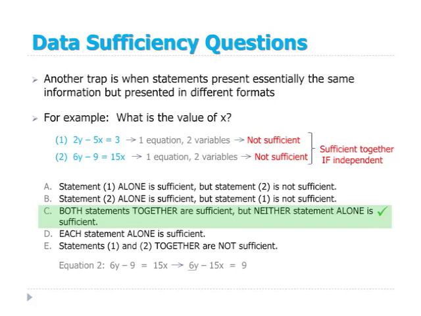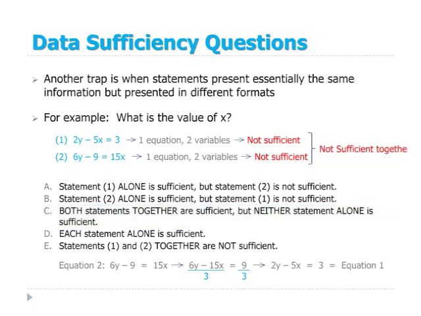If you divide both sides of the equation by 3, you get 2y minus 5x equals 3. This is the very same equation we have in statement 1, so information provided by the two statements is the same and is not sufficient to answer the question. Therefore, the correct answer is E.